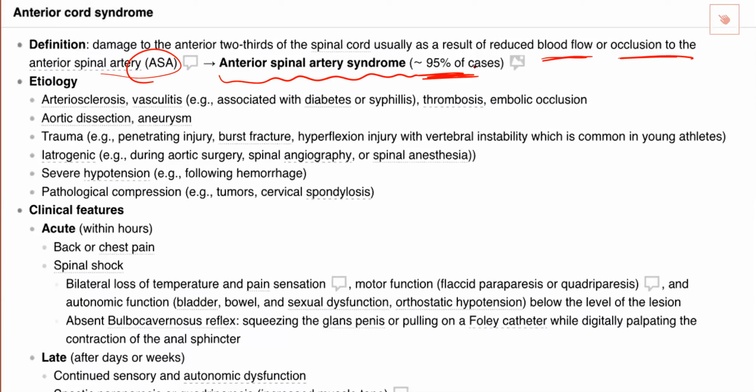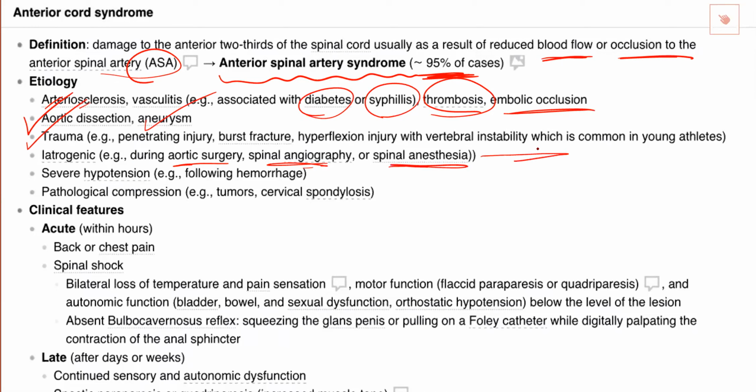Causes include atherosclerosis, vasculitis associated with diabetes or syphilis, thrombosis or embolic occlusion like aortic dissection, aortic aneurysm, trauma, iatrogenic causes during aortic surgery or spinal angiography, and we will mention another variant later on. Also severe hypotension due to hemorrhage, and pathologic compression due to tumor or cervical spondylosis.